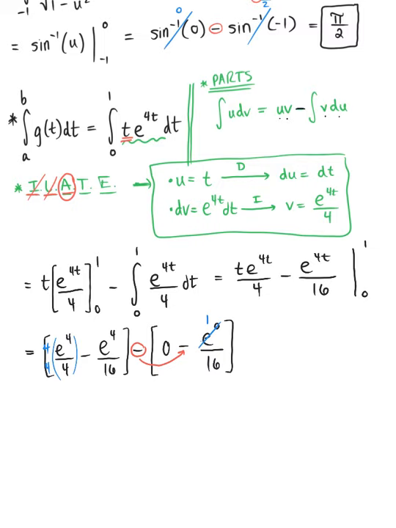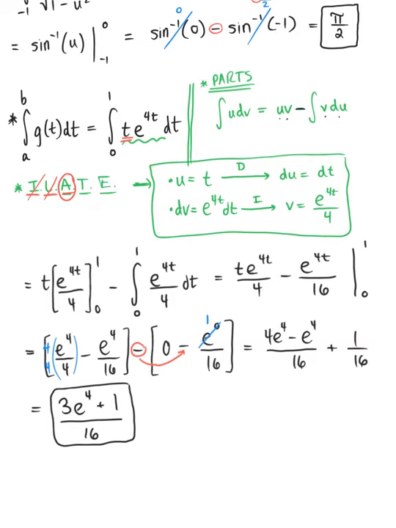So this is going to leave us with 4 times the natural exponential raised to the 4 minus the natural exponential raised to the 4 over 16. Negative times a negative gives you plus 1 over 16 with a common denominator and everything. So our beautiful final answer for this term is going to be 3 times the natural exponential raised to the 4th plus 1 divided by 16. Whew!